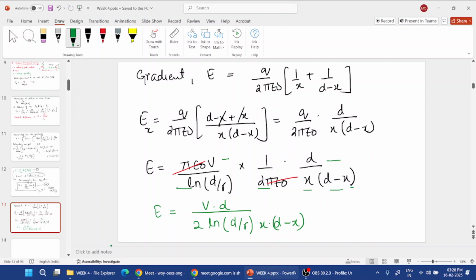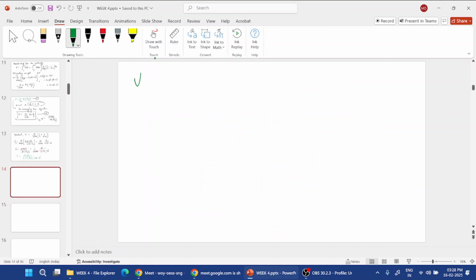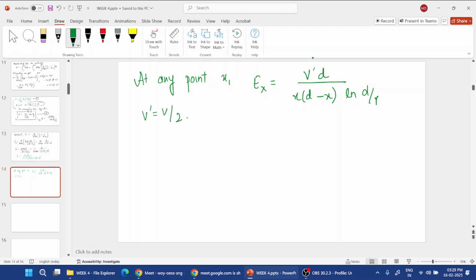So at any point x, Ex = V'd/(x(d−x) log(d/r)), and let's say V' = V/2.